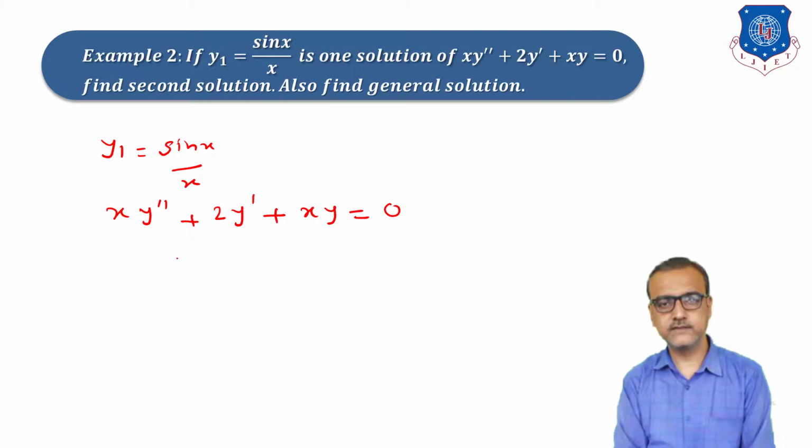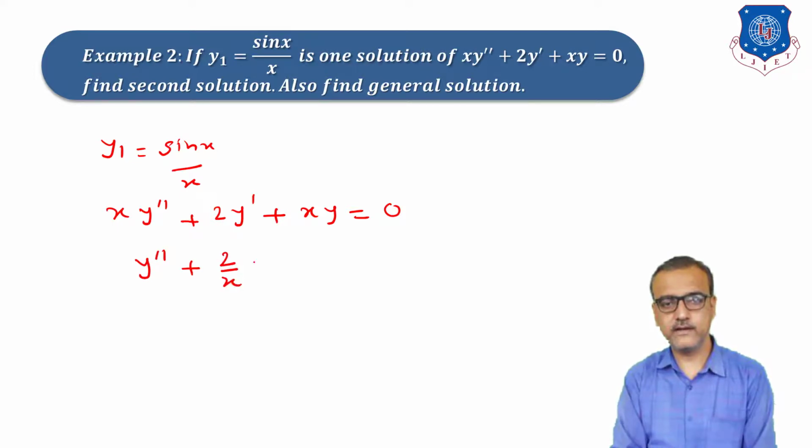Now to convert this differential equation into the standard form, we will divide the whole equation by x. So we have y double dash plus 2 upon x y dash plus x upon x, that is 1, and no need to write down 1, so this is y, equals to 0.